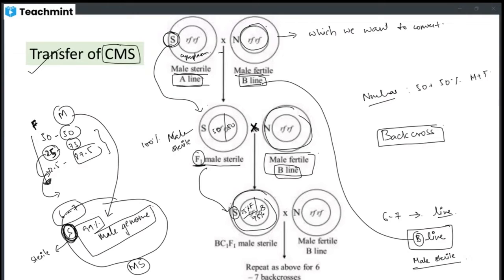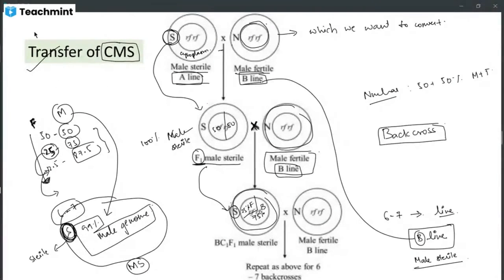Yeah, you need to remember this. This is how male sterility is introduced into the male fertile line, with the nuclear genes from the male. This is what we call the transfer of cytoplasmic male sterility.